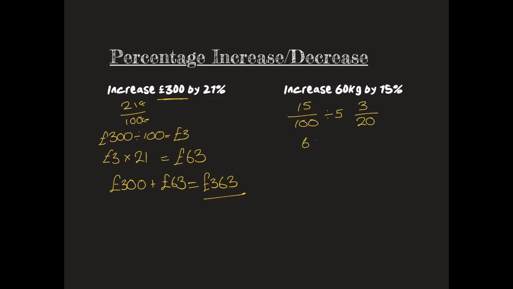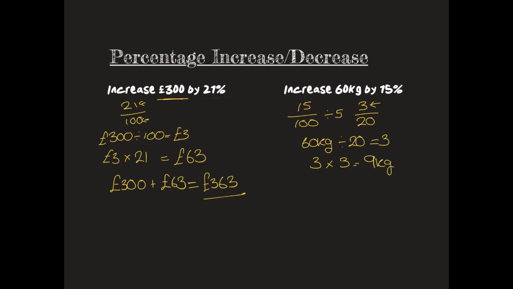So I'm going to take my 60 kilograms, I'm going to divide by 20, divide by the bottom. 20 into 60 goes 3 times. Okay, so I've divided by the bottom, now I need to times by the top, so I'm going to take my 3, I'm going to multiply by the top. At the top we have the number 3, so it's going to be 3 times 3, which is 9 kilograms.